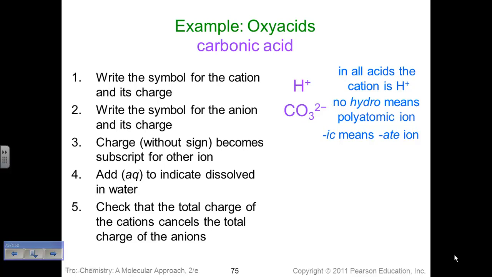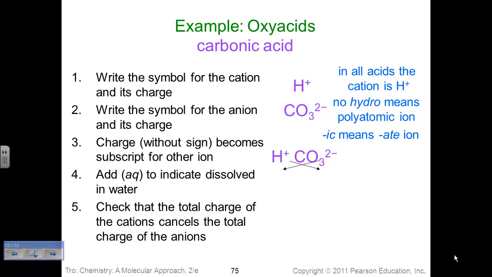Go to work finding on your polyatomic chart carbonate and record its symbol. See how it's CO3? 1 carbon, 3 oxygens with a net -2. Carbonate, CO3 -2. How many positives are required to balance the negatives?